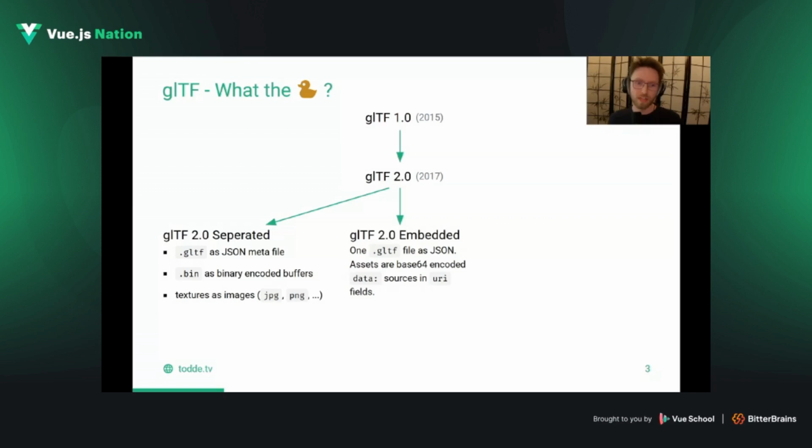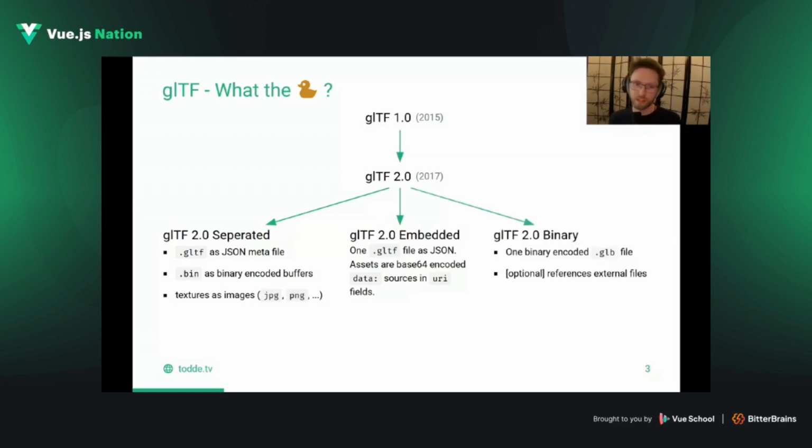We can also use GLTF embedded. With this, you have only one GLTF file that is still JSON encoded, but all the other assets, the bin files, the textures, and so on, are base64 encoded inside the URI as a data field. So the GLTF files get rather big, but you have everything in one single file.